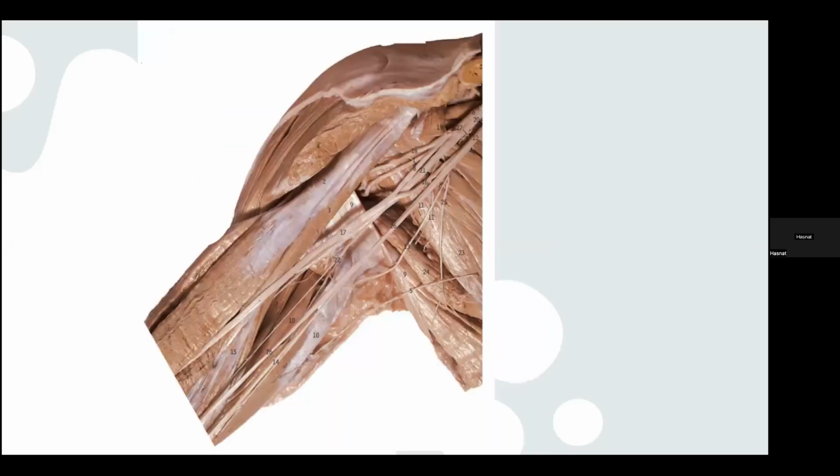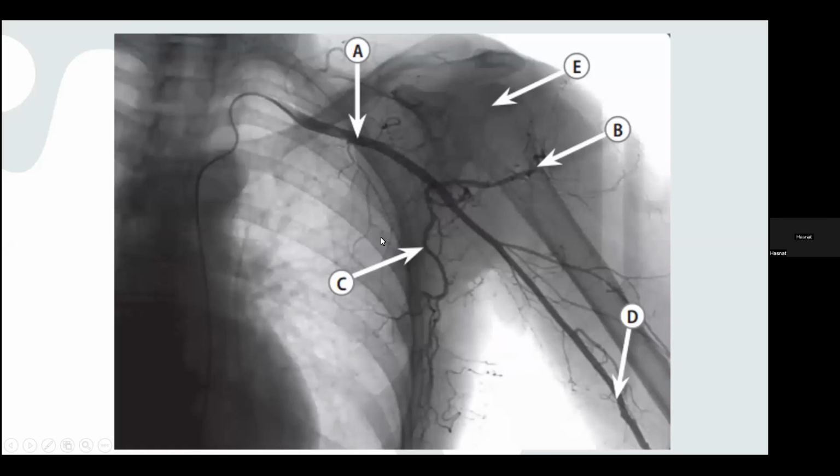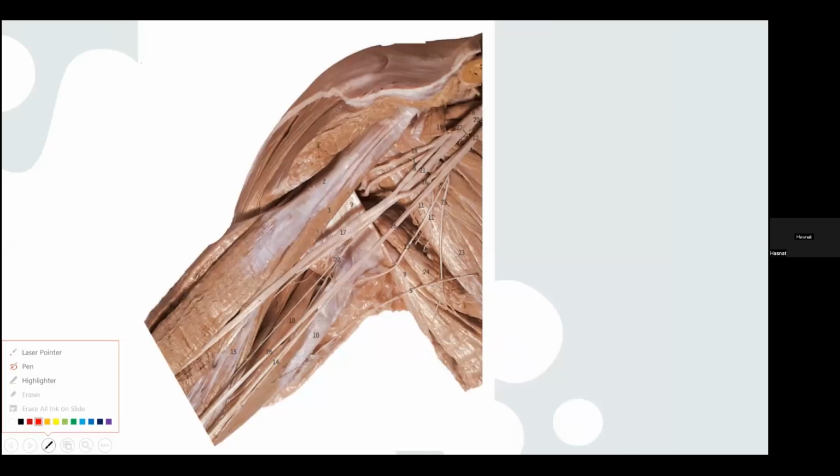That all are correct. Now come to the third picture, doctor. So identify number 17 and number 26. This is number 26. I don't think I will be able to answer anything about the brachial plexus. Okay, Dr. Naida, are you there?